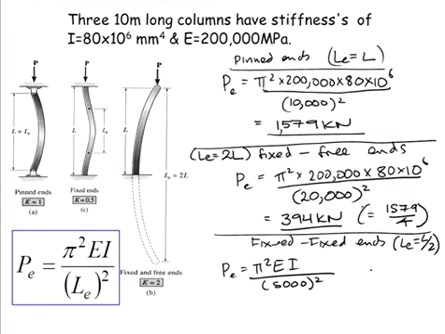That's squared. So my buckle capacity is 4 times, so that's equal to 4 times my simply supported pin-pin condition. So look at the difference in strength. The fixed has 16 times the strength of the fixed free.